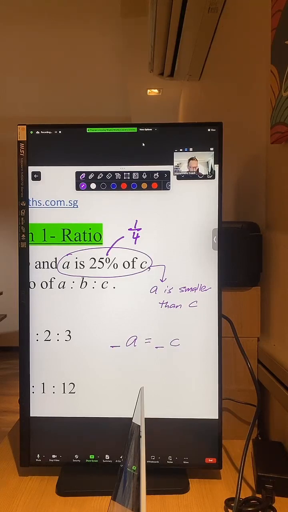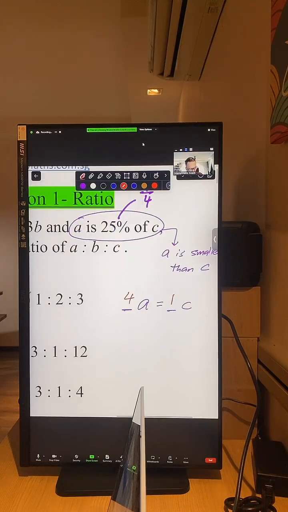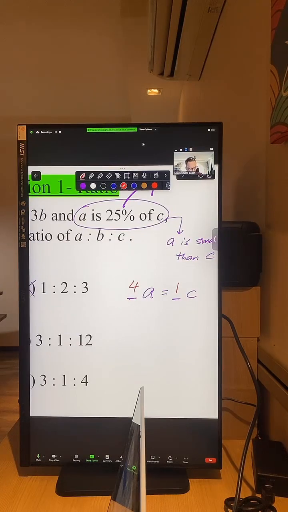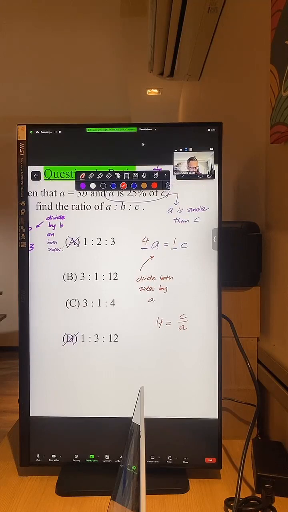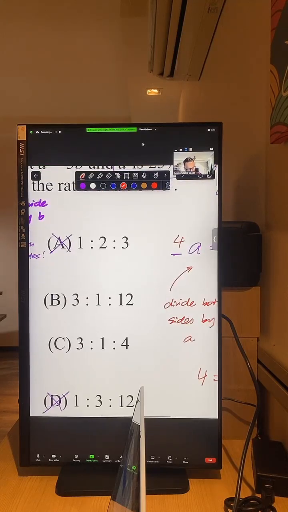4A. Excuse me, 4A equals 1C. And again, if I were to divide both sides by A, you would actually have 4 equals C over A. Now, if 4 equals C over A, that simply means that C is 4 times A. Yeah, C is 4 times A. So if C is 4 times A and A is 3 parts, okay, let's highlight that over here.